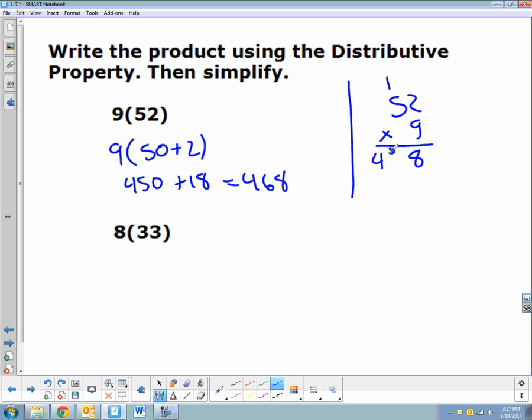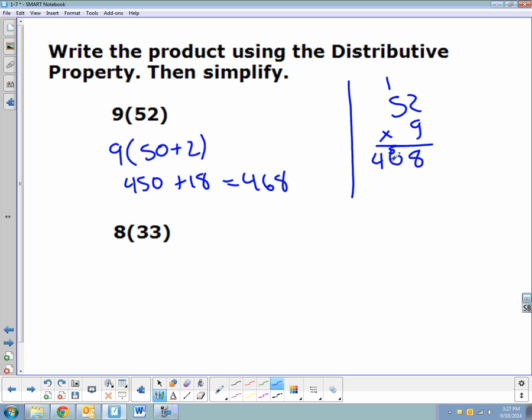I'm going to put this little 5 there. That's that 45 that we get from 9 times 5. But really, that's 450. That 5 is in the tens place. And we add the 1 from the 18 to get that 468. So when you multiply, you are doing the distributive property. You're just writing it out in a very different way.